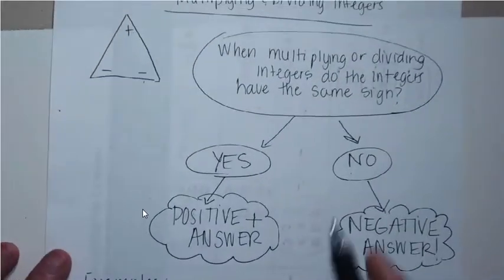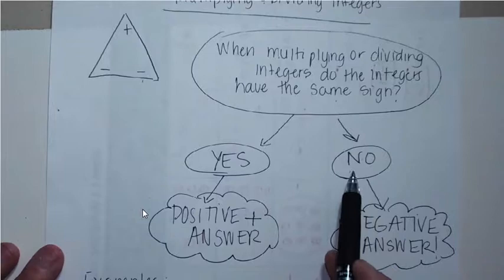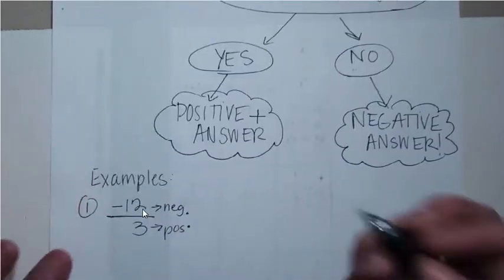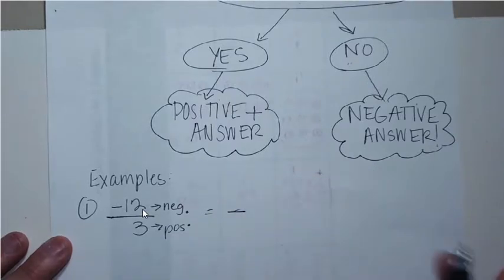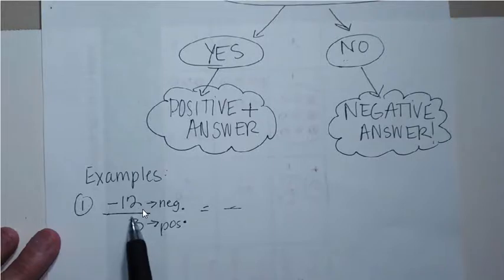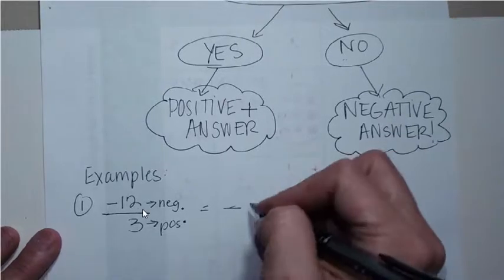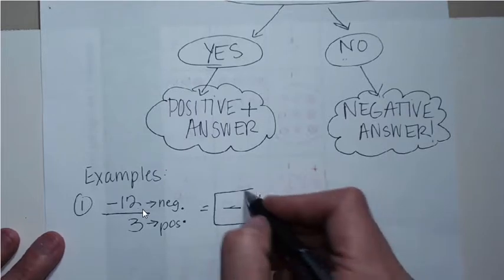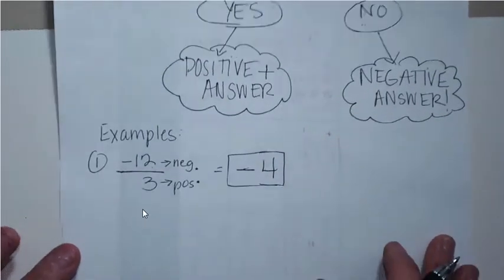Using the flow chart, do the integers have the same sign? My answer is no, so my answer is going to be negative. I'll put a big negative sign so that I don't forget. Then what is 12 divided by 3? If I take 12 and put it into groups of 3, each group would have 4. So my answer is negative 4. It's as easy as that.